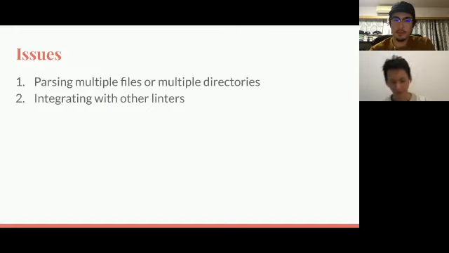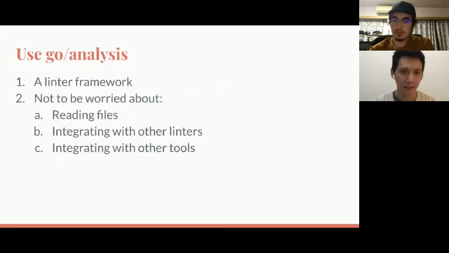We could do this from scratch and integrate with other linters, and I'll spend another day to rewrite the function and make it accept multiple files or multiple directories. But we don't have to do that, since there's already a framework for this, which is Go Analysis, and it can solve the problem.